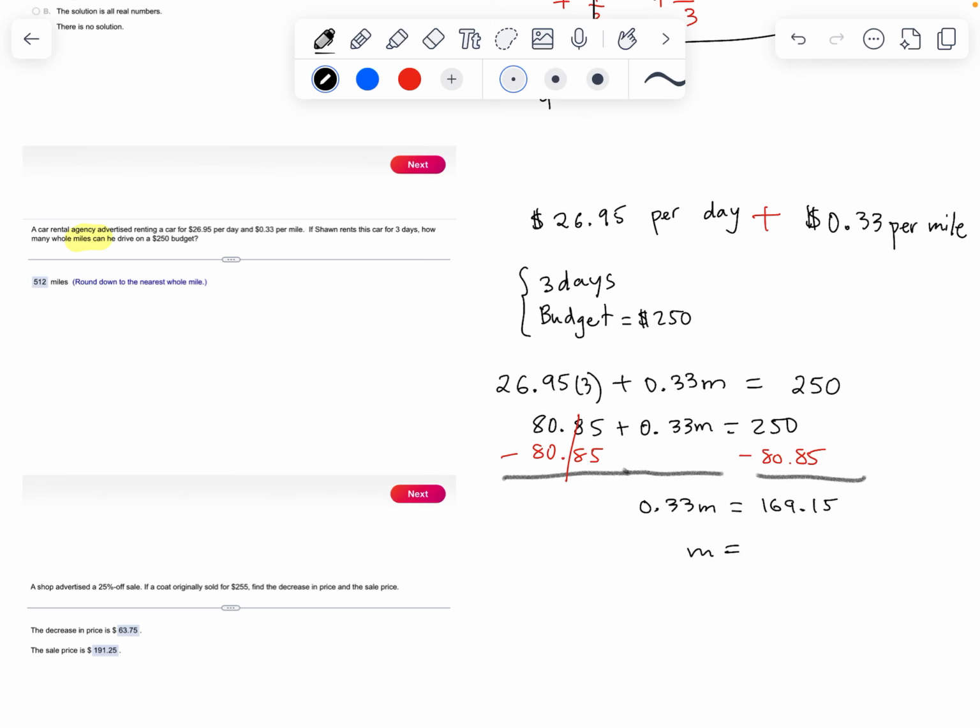If you divide 169.15 by 0.33, you get m equaling 512.5758. Right, so by the time they say here, round down to the nearest whole number, so that means we're rounding down. The nearest whole number will be 512.